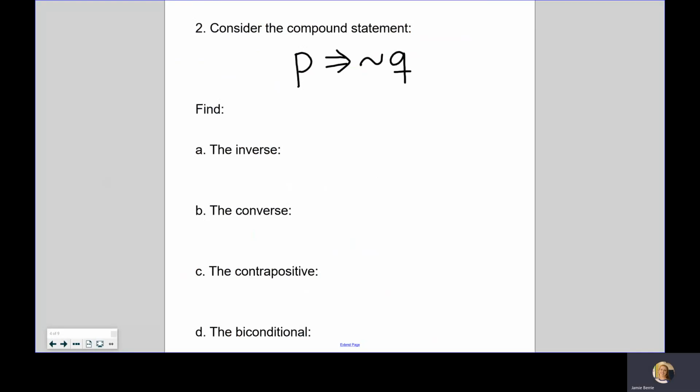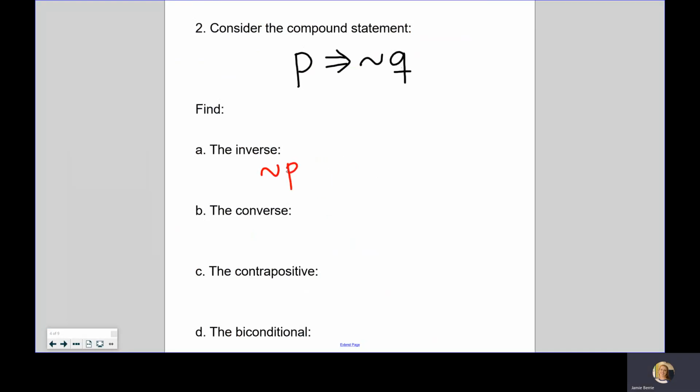Okay, so the inverse. Remember the inverse, that's just where you negate both sides. All right, so if we negate both sides, that would be not P implies the opposite of not Q, or if we negated not Q, that would just be Q. Sorry, my arrow looks so janky.